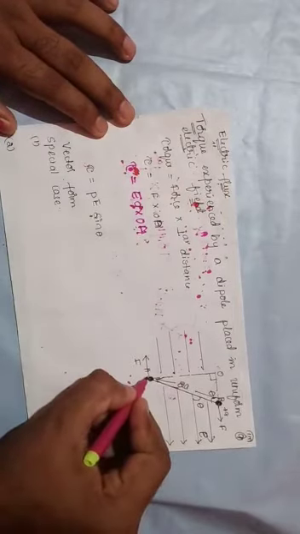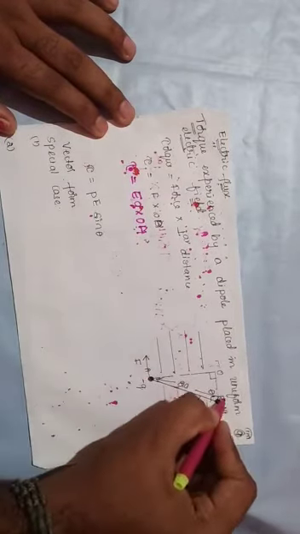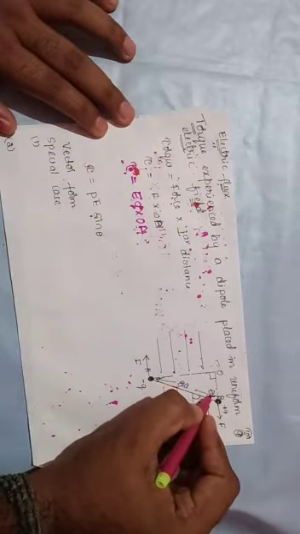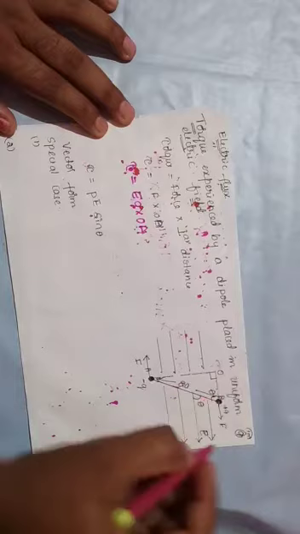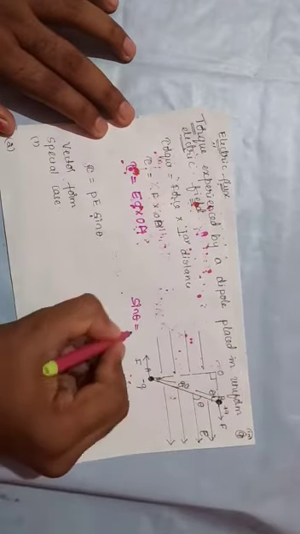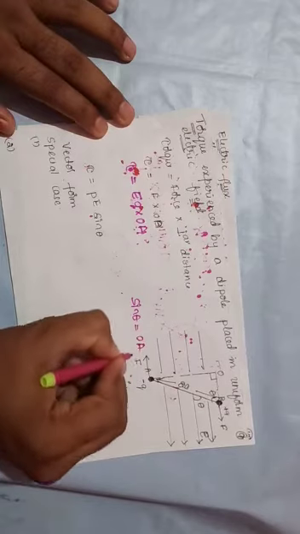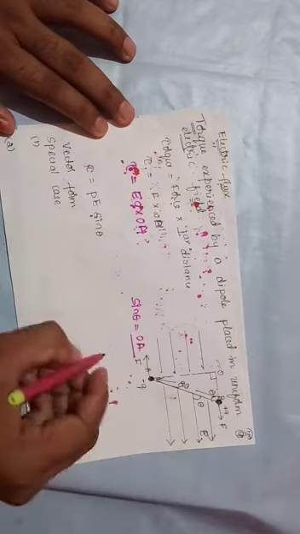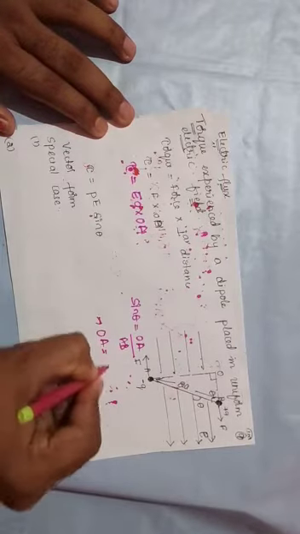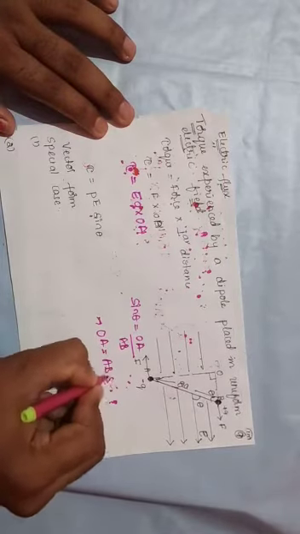See here, triangle AOB. In this triangle, if this angle is theta, we can calculate OA by taking sine theta. Sine theta is equal to opposite divided by hypotenuse. Opposite is OA and hypotenuse is AB. This implies OA is equal to AB sine theta.